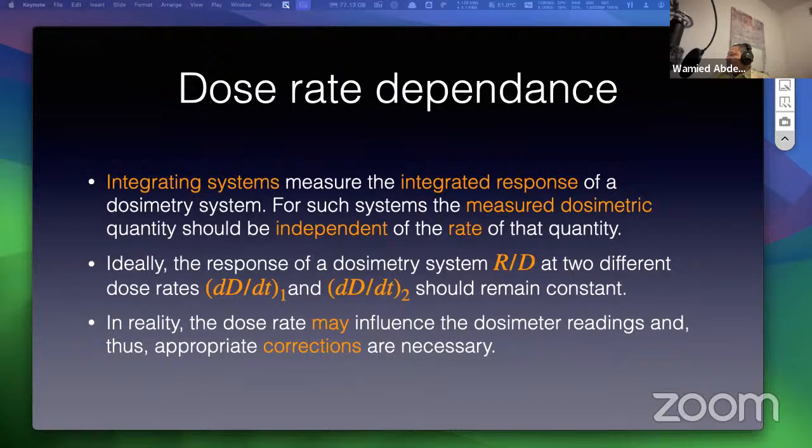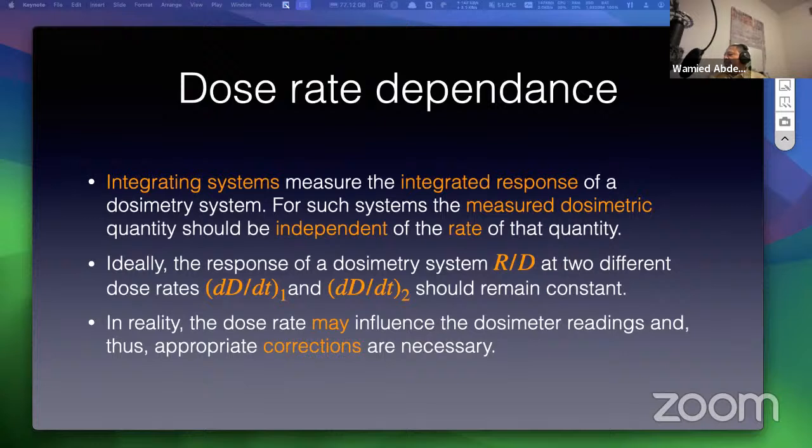Ionization chambers, luckily for us, at the dose rates used in typical external beam radiotherapy, do not really show a dose rate dependence. But if we start to use the chamber in regions where the dose per pulse is very high, such as flash radiotherapy or IORT beams, then the chambers might exhibit a dose rate dependence because of recombination.